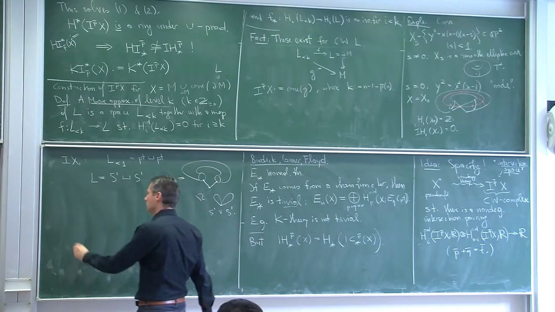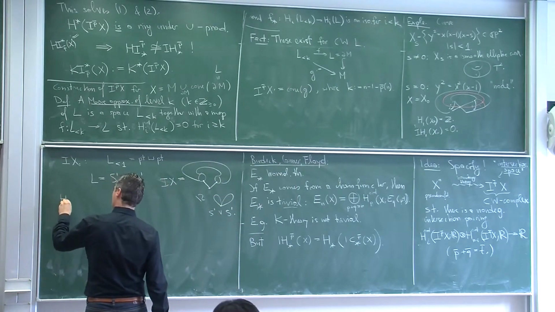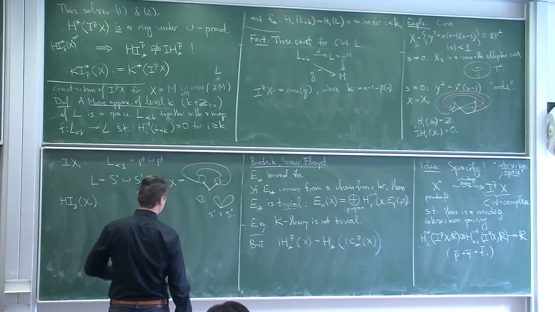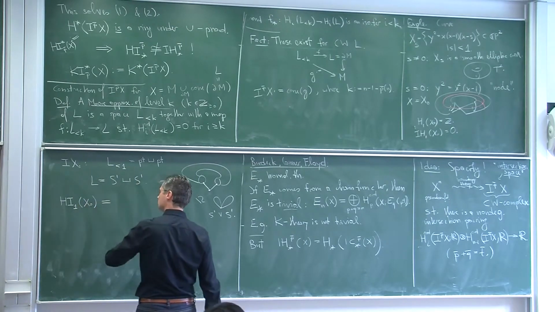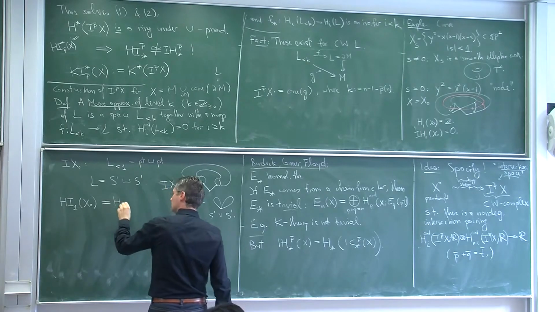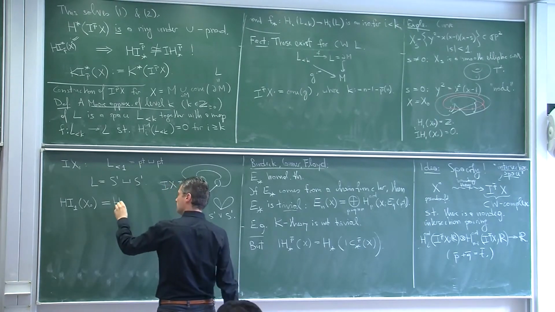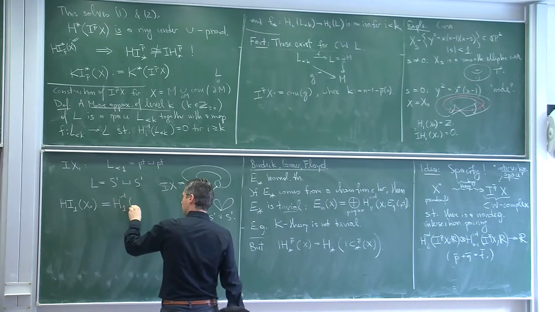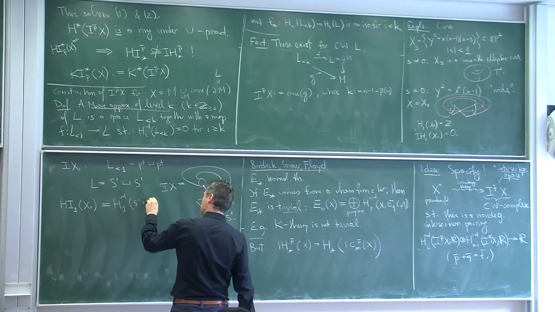And so you immediately know what the first homology is. So what is HI_1 of X_0? Well, it must be the same as the first ordinary homology, of course, of S^1 wedge S^1.